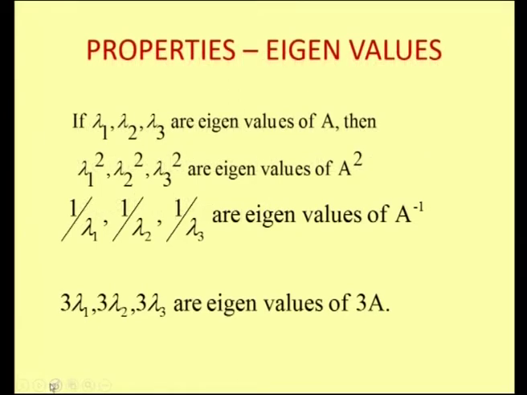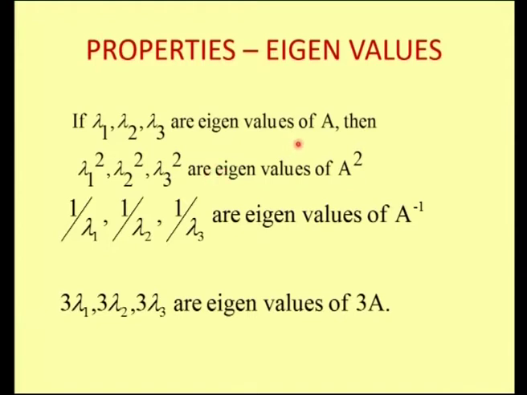Next, we discuss properties of eigenvalues which will be used to find the remaining eigenvalues once one or 2 eigenvalues are found out. So, if lambda 1, lambda 2, lambda 3 are the eigenvalues of A, then lambda 1 square, lambda 2 square, lambda 3 square are eigenvalues of A square.